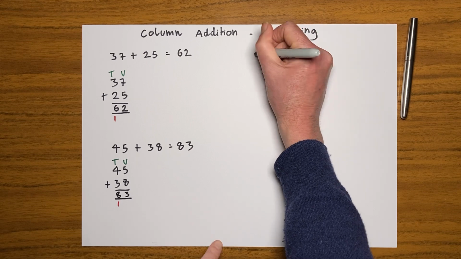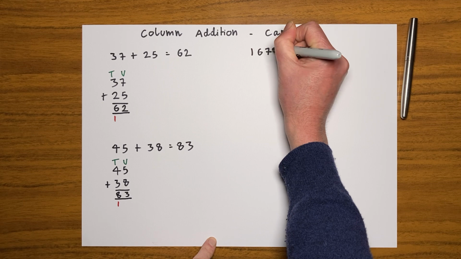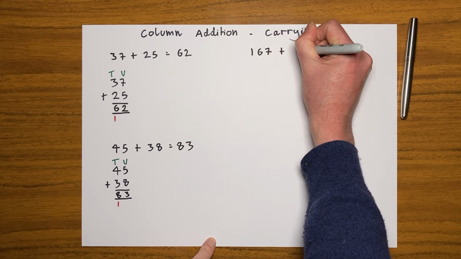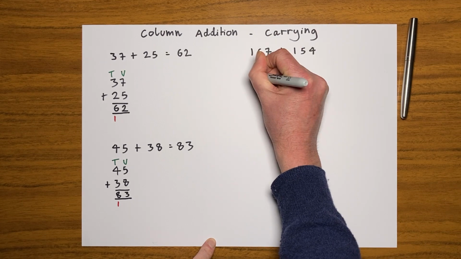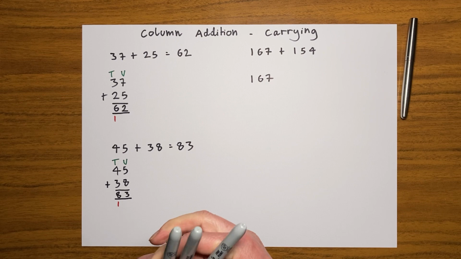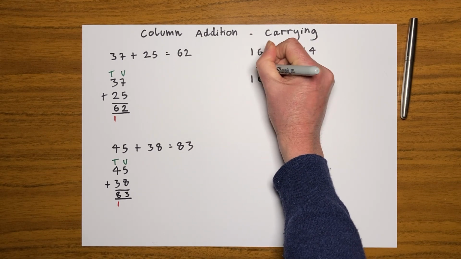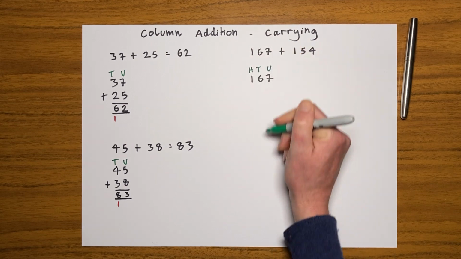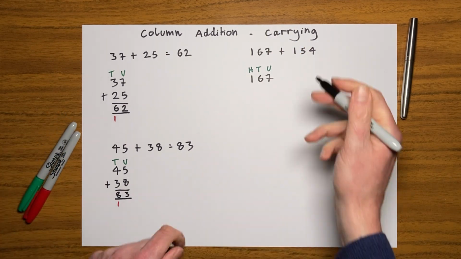Here's an example using hundreds. 167 add 154. So we set it out, 1, 6, 7. And here I've got units, tens, and this time hundreds as well. As long as I keep my place value columns, I'll be absolutely fine.